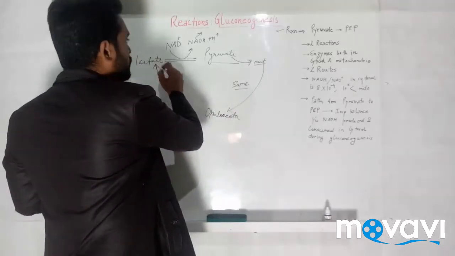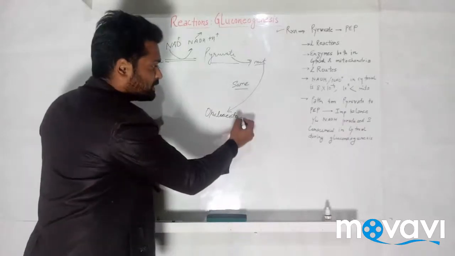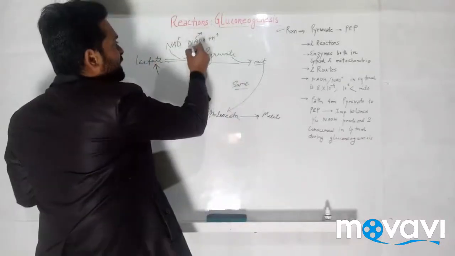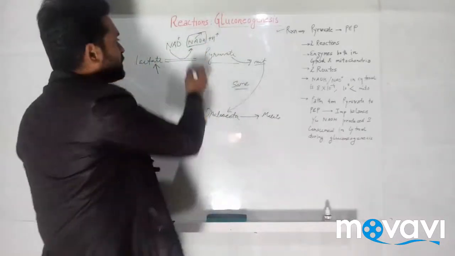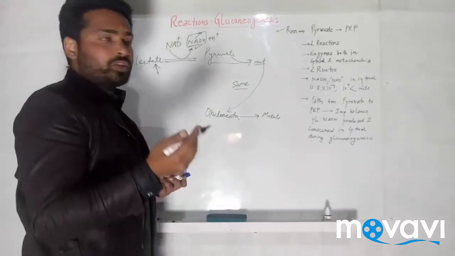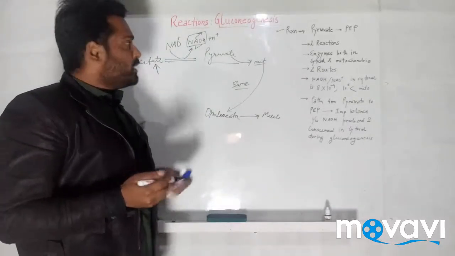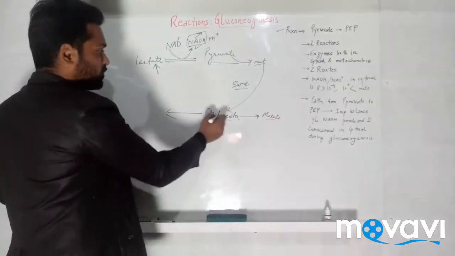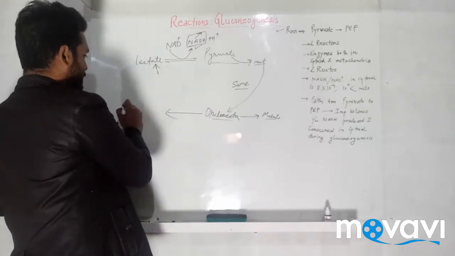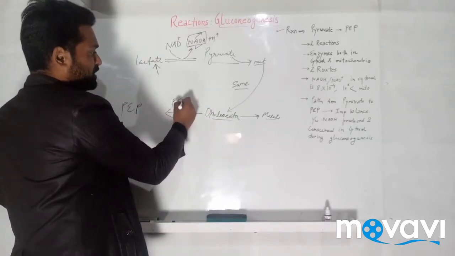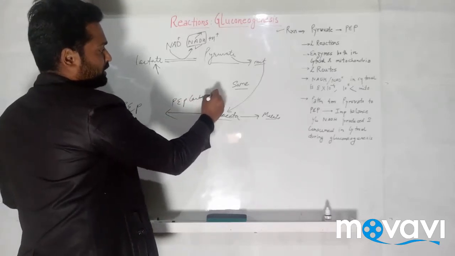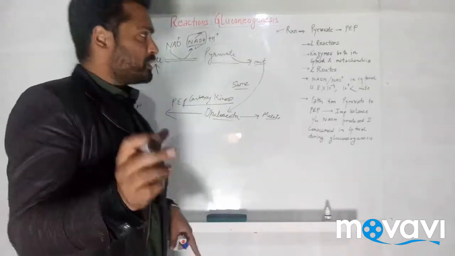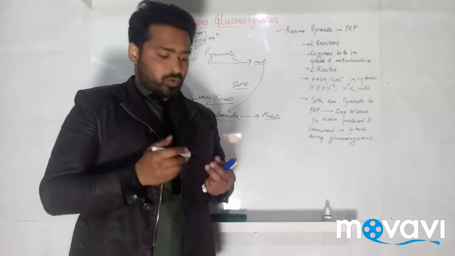Here, in the lactate to pyruvate conversion, we are not converting this oxaloacetate into malate. Why so? Because there is no need of this NADH now, which we have already produced. So why would we do the same steps again? There is no need to convert this oxaloacetate into malate. So we convert this oxaloacetate directly into PEP, and the enzyme is PEP carboxykinase. Both of these reactions are occurring in the same compartment, that is the mitochondria. So this is the difference. Okay, so I think this video would help.